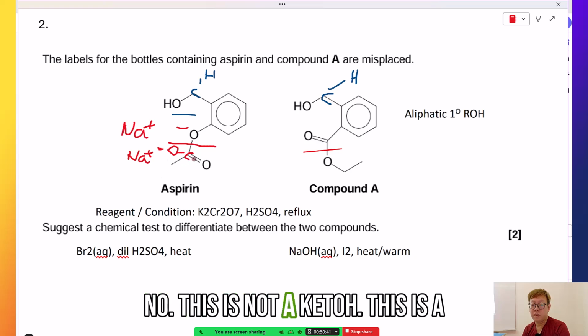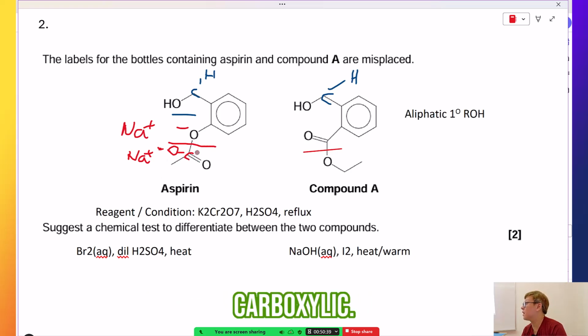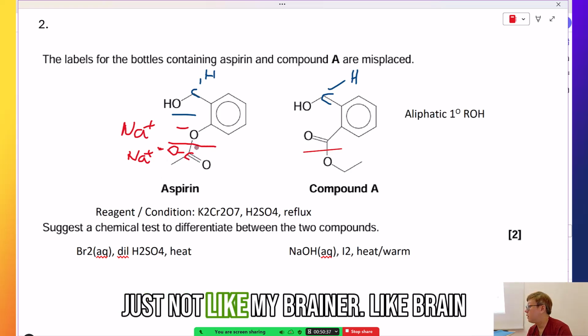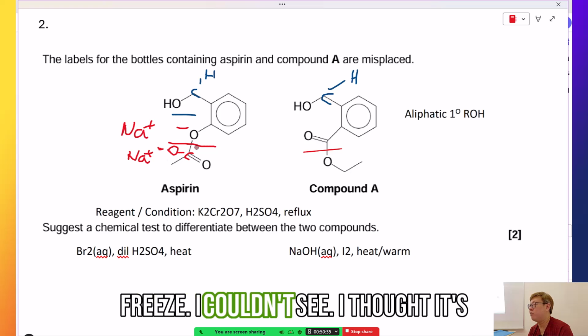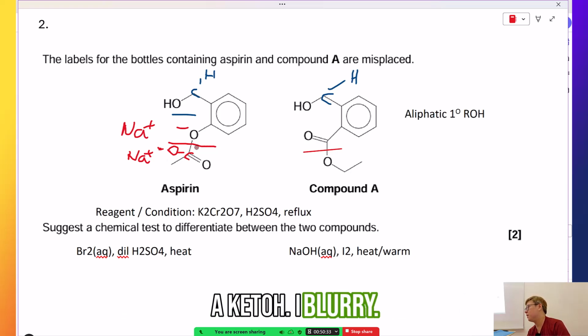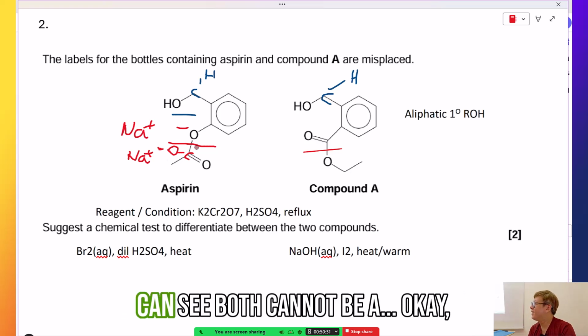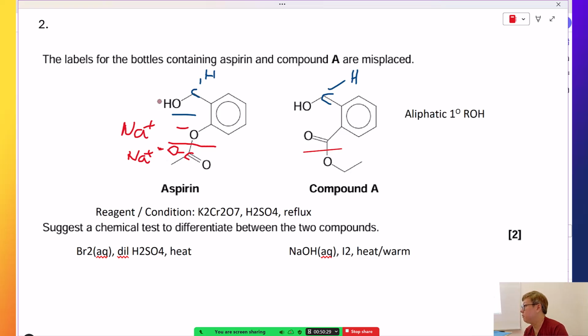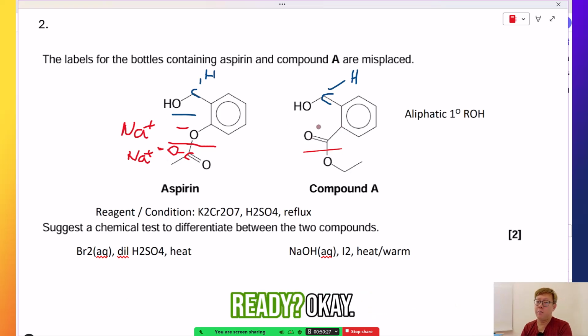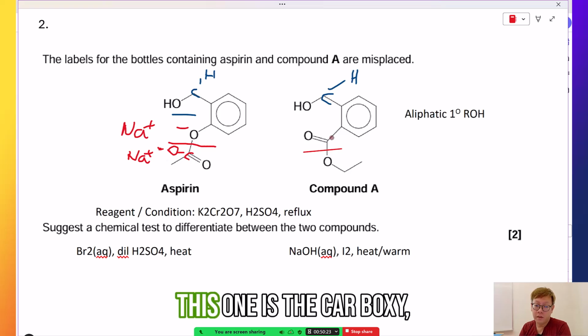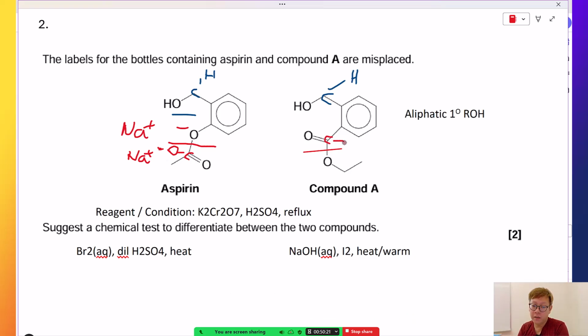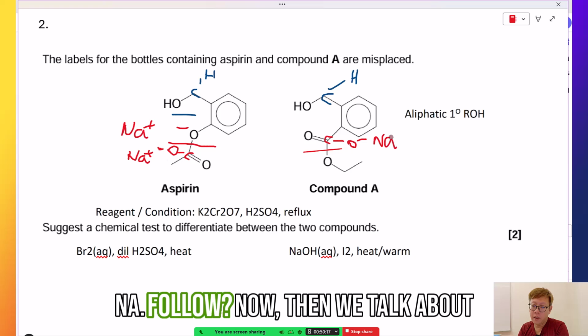No. This is not a ketone. This is a carboxylate. Just now my brain, like brain freeze. I couldn't see. I thought it's a ketone. I blur already. Can see both, cannot react? Okay, then we talk about the right side. Ready? Okay, see, this one is the carboxylate. The O minus Na plus.